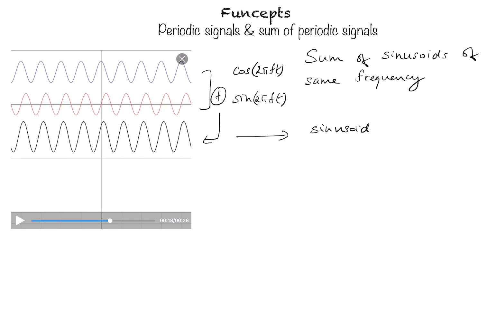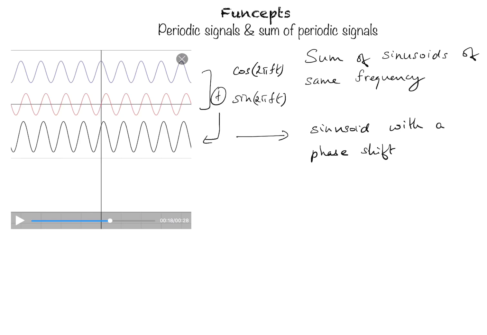We should also remember that the sine and cosine have a phase shift of 90 degrees between them. So when we add these two waveforms, we get another sinusoid which has a phase shift which is neither 0 nor 90, but somewhere in between.